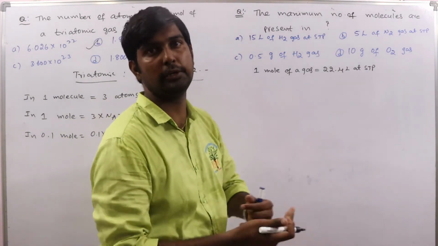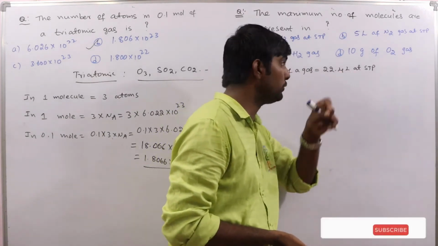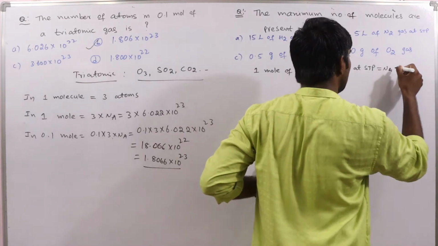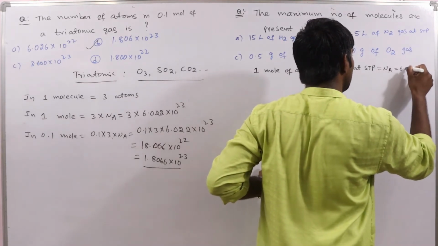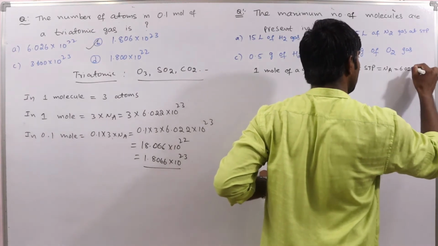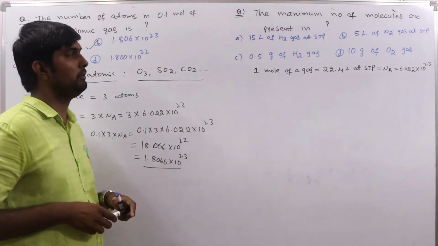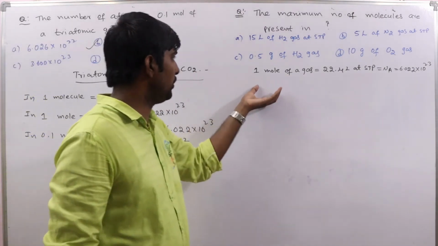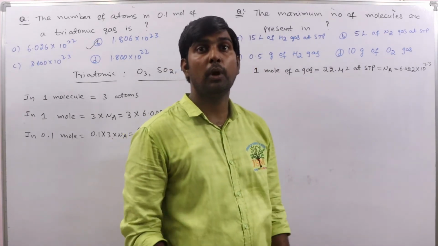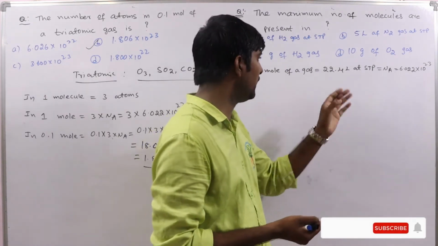How many molecules or atoms are present in this 22.4 liters? That is nothing but Avogadro number of molecules or atoms of gas are present, 6.022 into 10 power 23. So this is the relation which we have to use. 1 mole of gas occupies this much volume at STP. So how many atoms or molecules are there in the 22.4 liter?